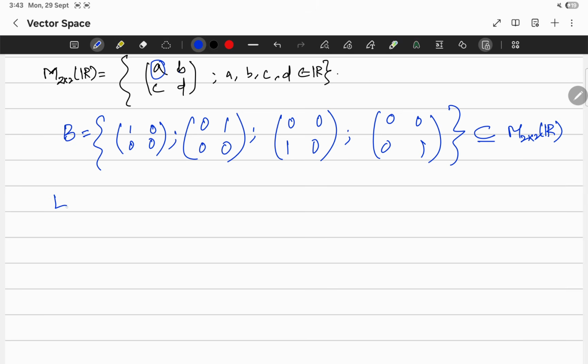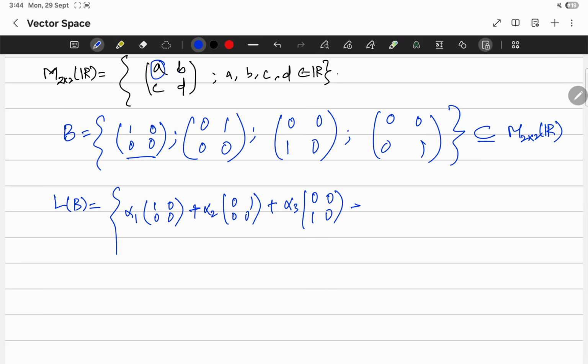Now check the linear span of B. The linear span of B is alpha 1 v1, that is [1 0; 0 0], plus alpha 2 [0 1; 0 0], plus alpha 3 [0 0; 1 0], plus alpha 4 [0 0; 0 1]. These alphas are from the real line.